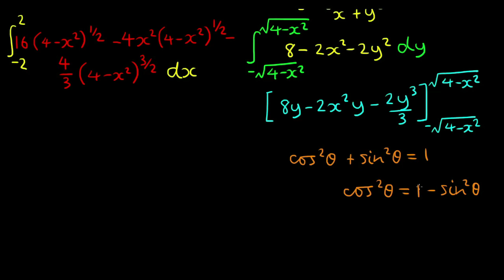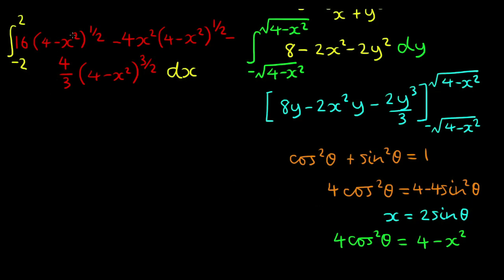And if we multiply through by 4, we get 4 cosine squared theta is equal to 4 minus 4 sine squared theta. And let x equal 2 sine theta. Then we get 4 cosine squared theta is equal to 4 minus x squared.